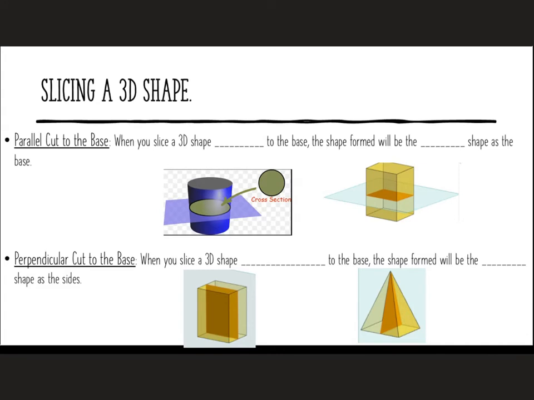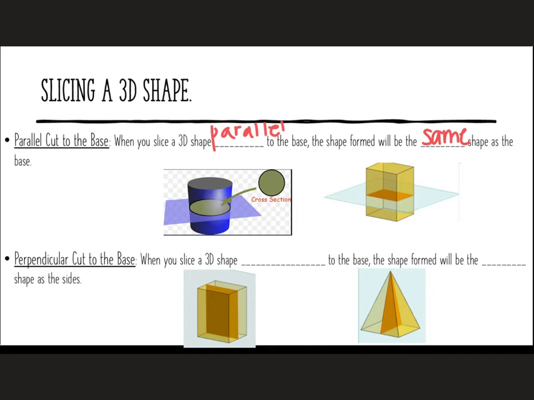So a few more definitions here. When we are slicing our 3D shape, if we make a parallel cut to the base, so when you slice a 3D shape parallel to the base, the 2D shape that you form will be the same shape as the base. So when you cut something that is parallel to the base, take a look at my two examples.